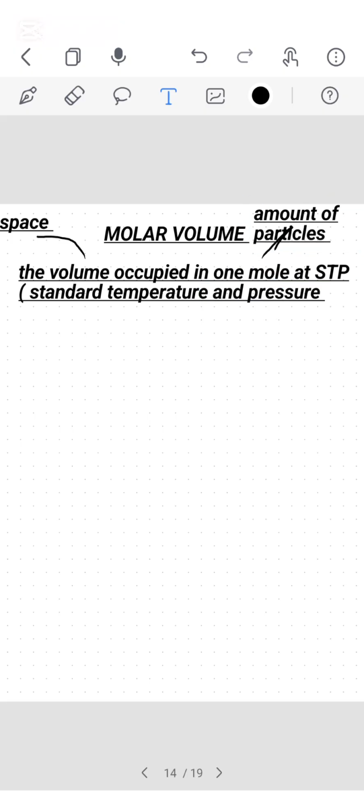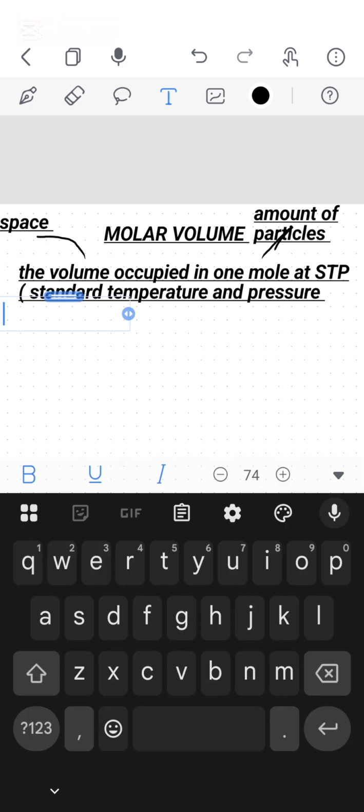So the space occupied by one amount of particles at standard temperature and pressure is called molar volume.